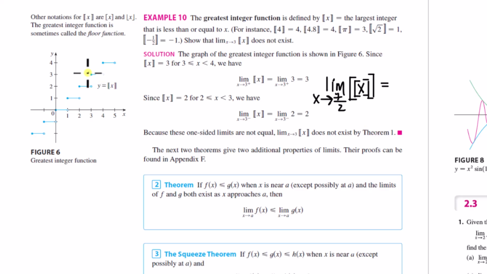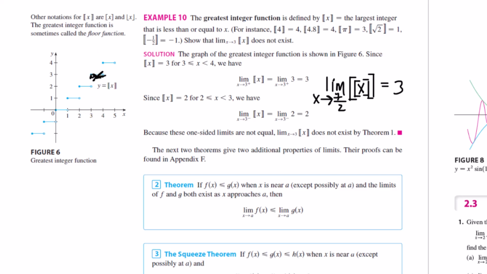You can draw this without picking your pen up off the page, going from 3 to 4. So the limit as x approaches 3.5 of the greatest integer function is just the function evaluated at 3.5, which is 3. We could do this graphically. Coming from the left and coming from the right, you're just approaching whatever the function is at 3.5.